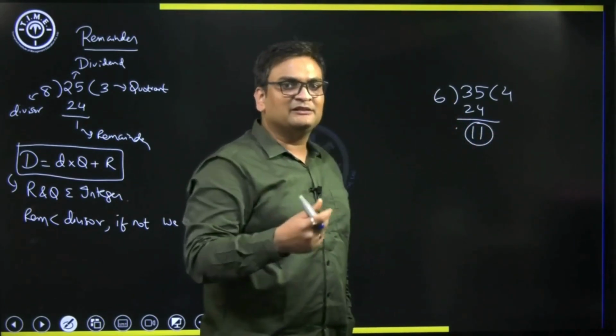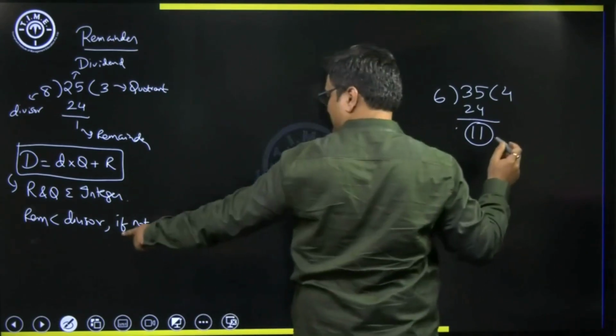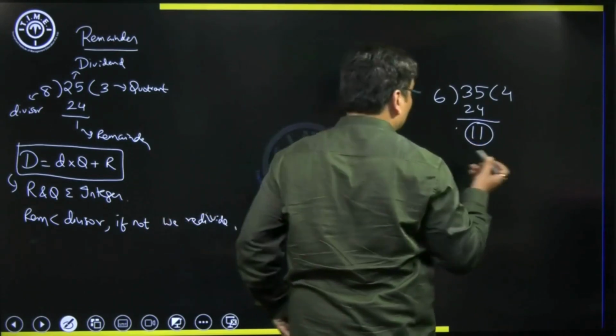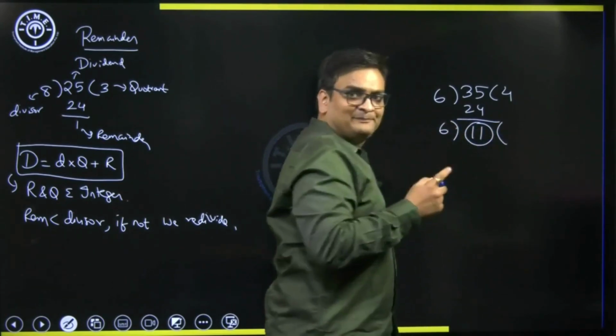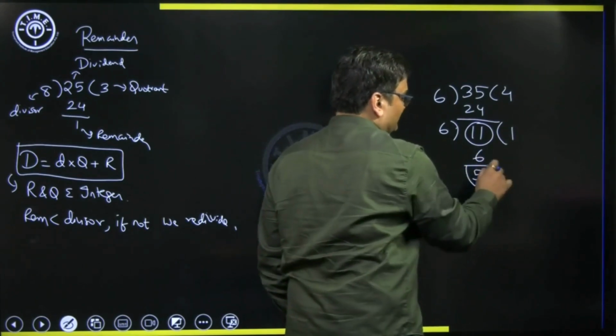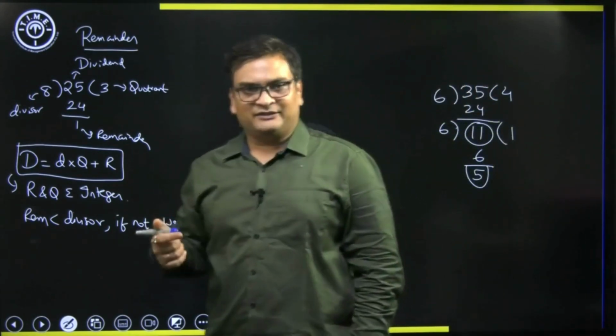It is not possible, so somewhere something has gone wrong. If the remainder is not less than the divisor, we redivide. Whatever remainder you obtained, you redivide by 6. 6 will go 1 time, and finally I will get the appropriate remainder. This is what I mean by redivide.